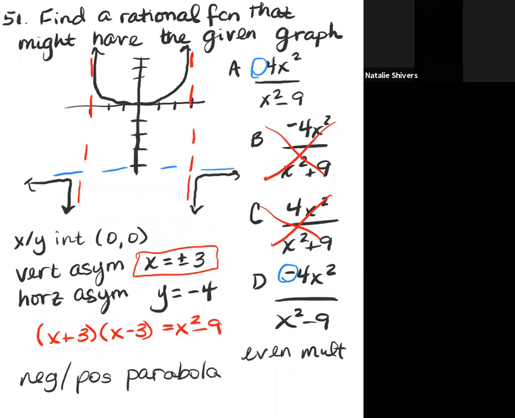The positive 4x squared is affecting these pieces down here. So it's really going to affect the asymptotes that are in the corners. So we want this one because it's going to flip everything. Again, it's a good one to think through.